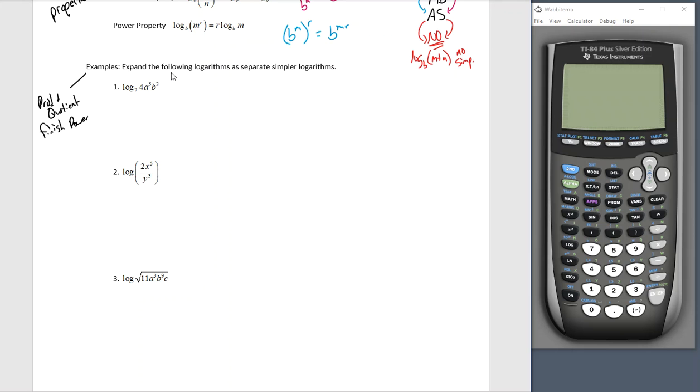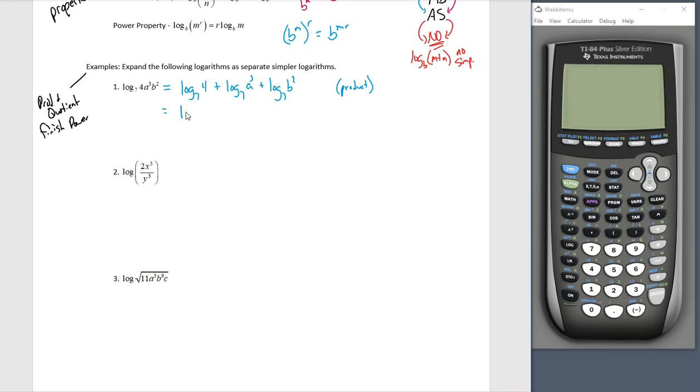So our first step says this must be log base 7 of 4 plus log base 7 of a to the third plus log base 7 of b squared. That is all product rule. That multiplication ended up in separate logarithms with addition.